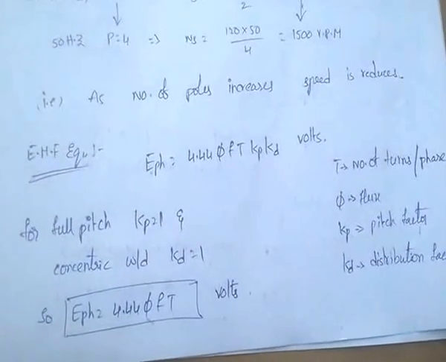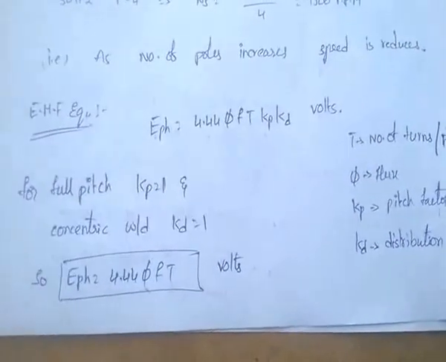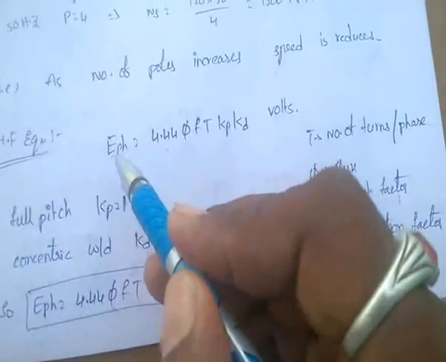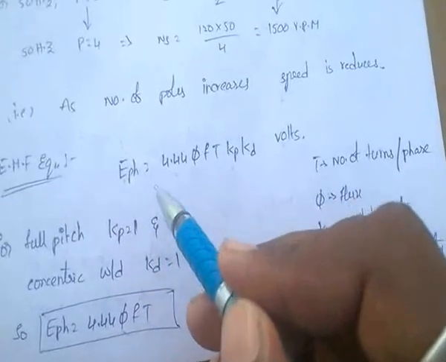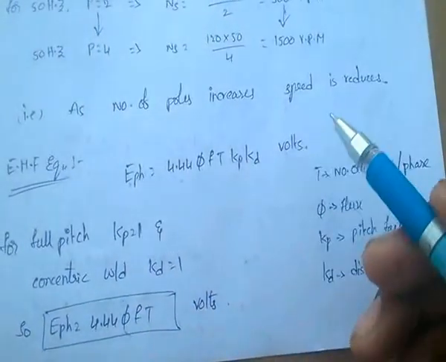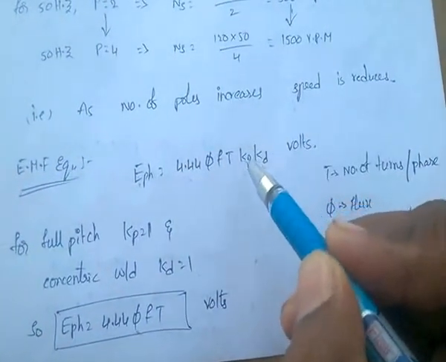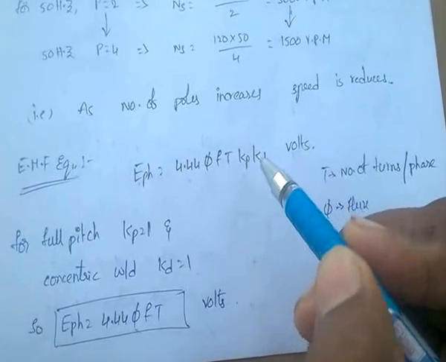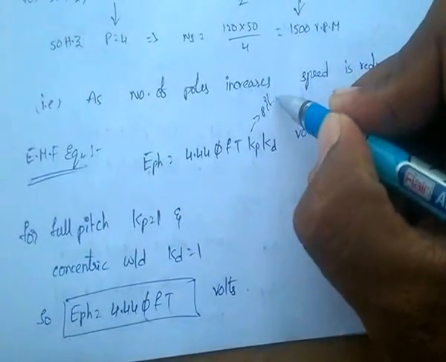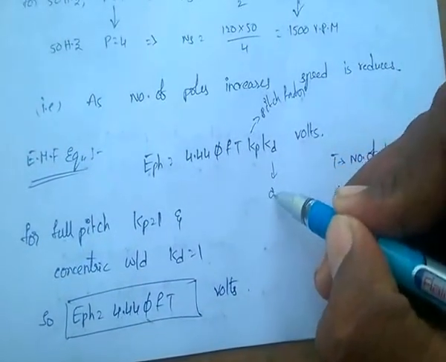Next, coming to the EMF equation of AC generators. EMF per phase equal to 4.44 phi f T Kp Kd volts. Here Kp is the pitch factor, and Kd is the distribution factor.